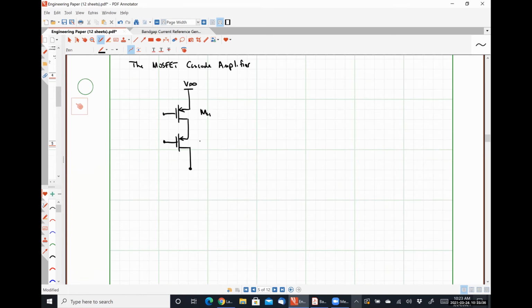This is M4, M3. Here's where we're taking our output. M2, M1. All right, so this is VG4, VG3, V out, VG2, V in.